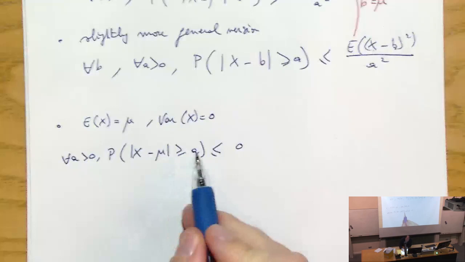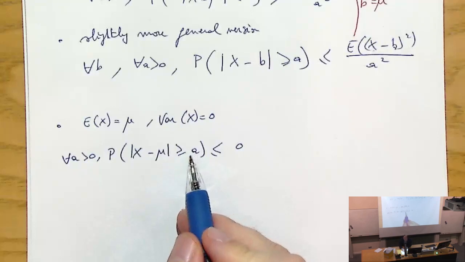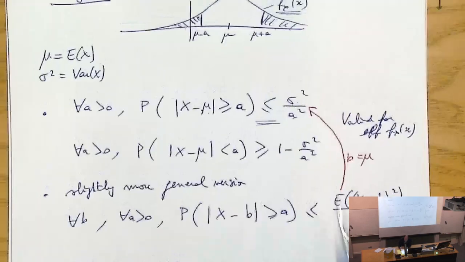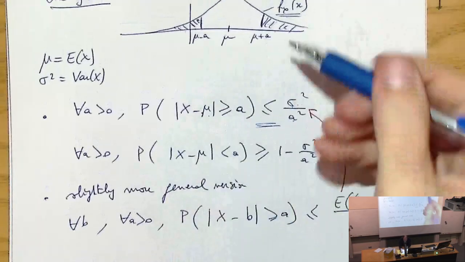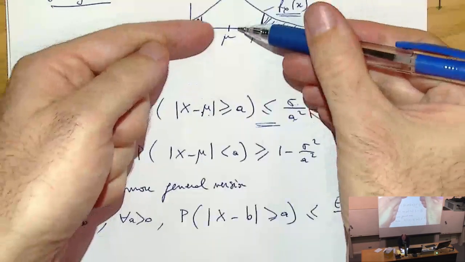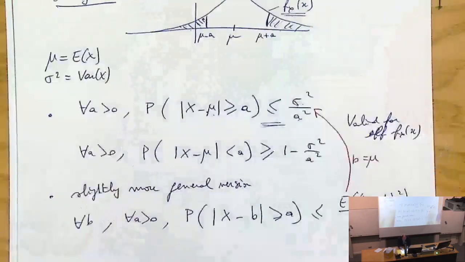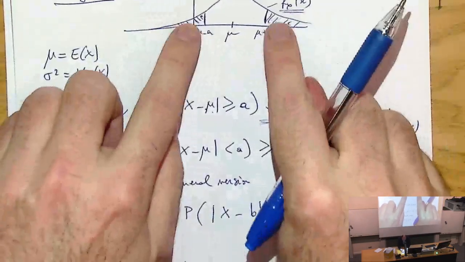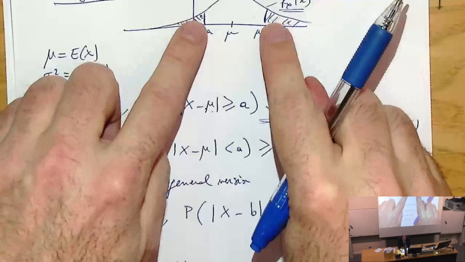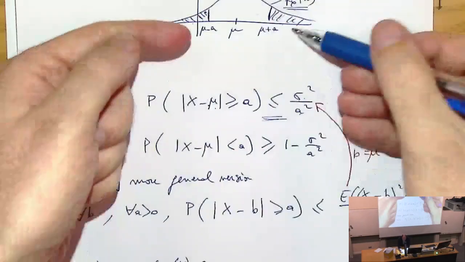Right, so for all values of a positive, it can be as small as you want. You take a as small as you want, you move it there, and the probability of having this area here will always be upper bounded by 0, even if you take a as small as you want.